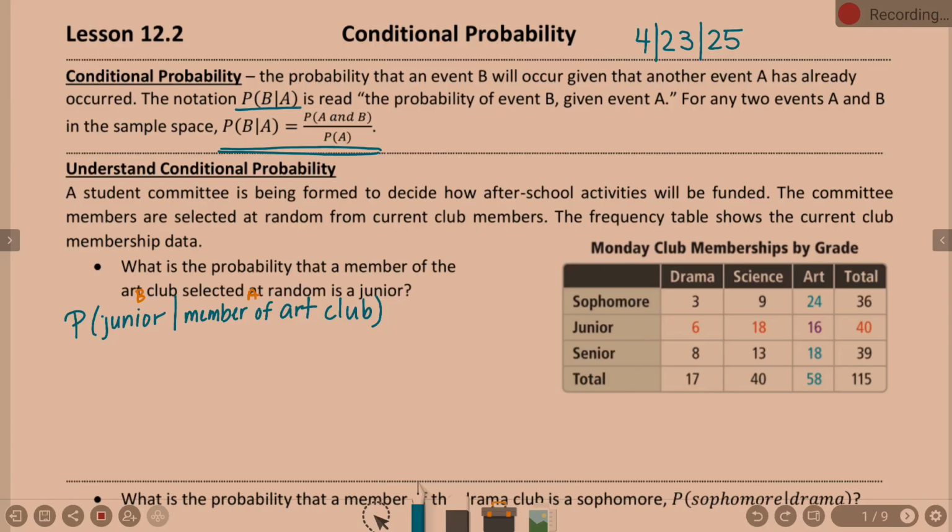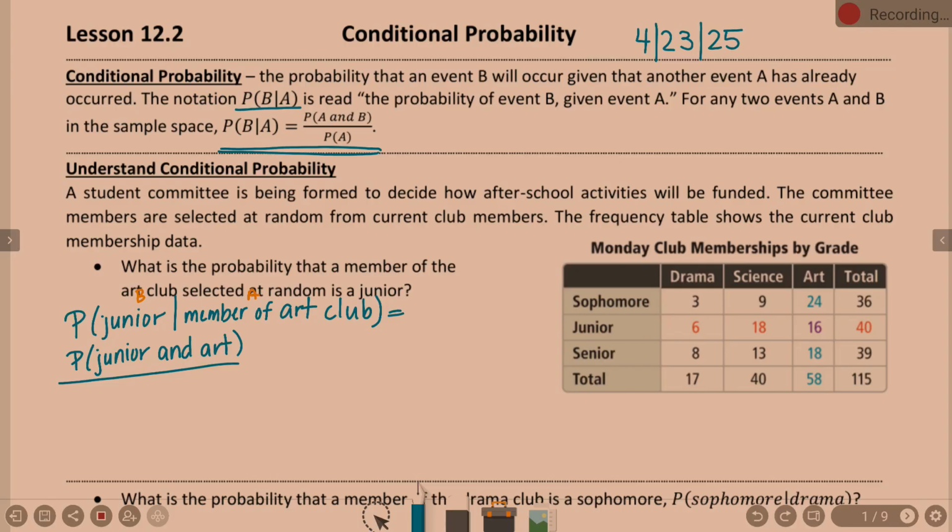I'll get to the numbers in a moment, but if I was just trying to put it in words, on top we're looking at the probability that the student is a junior and in art club, given that they're already a member of art club.